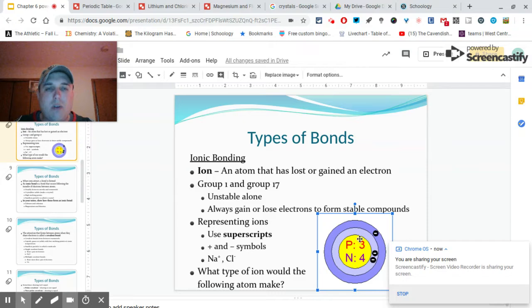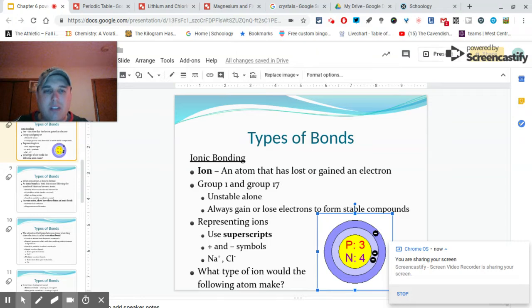So lithium has 3 total electrons. It has 1 valence electron. It is not happy with 1. It wants to either lose that 1 to get to 2 there to have a full energy level, or it wants to gain 7. Obviously, it's going to lose 1 electron. So if it loses this electron, that means it becomes an ion and becomes a charged particle. Well, what kind of charge is it going to have?